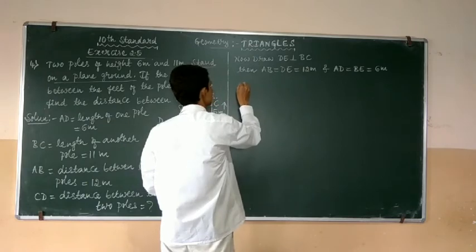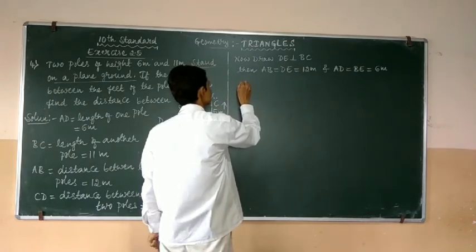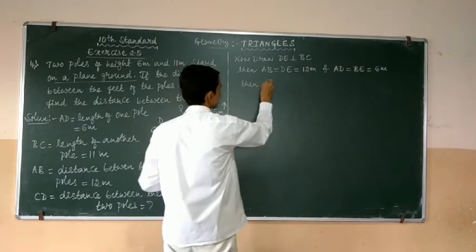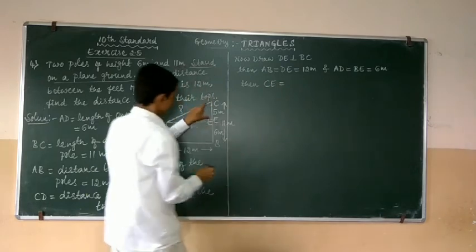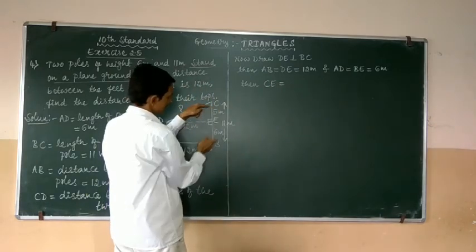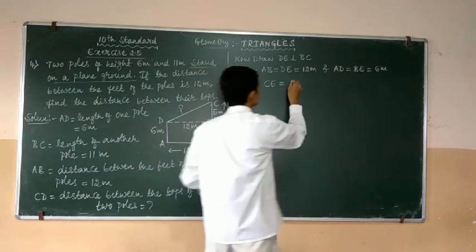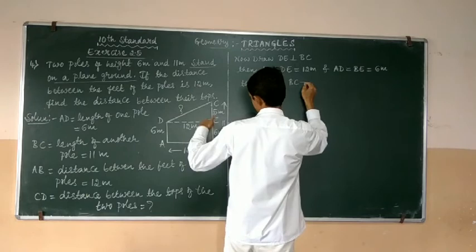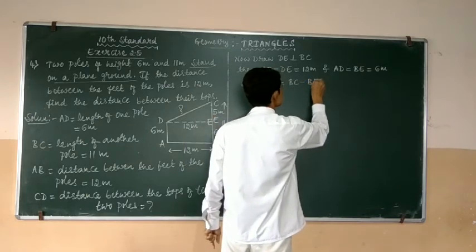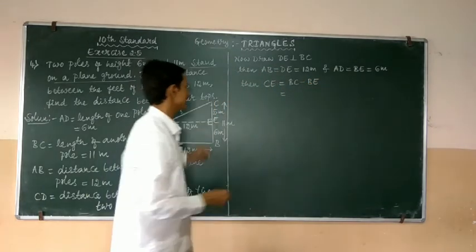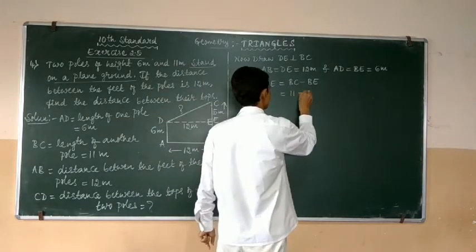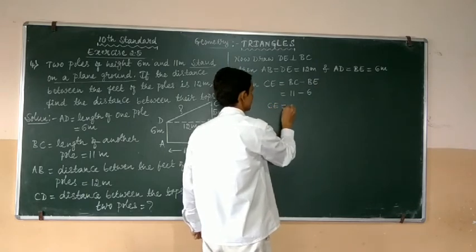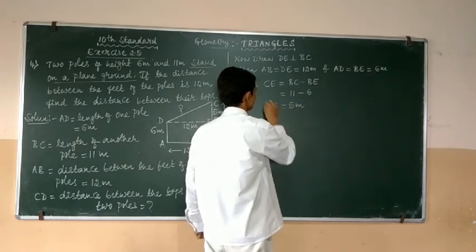Then the length of CE equals BC minus BE, which is 11 minus 6. So CE equals 5 meter.